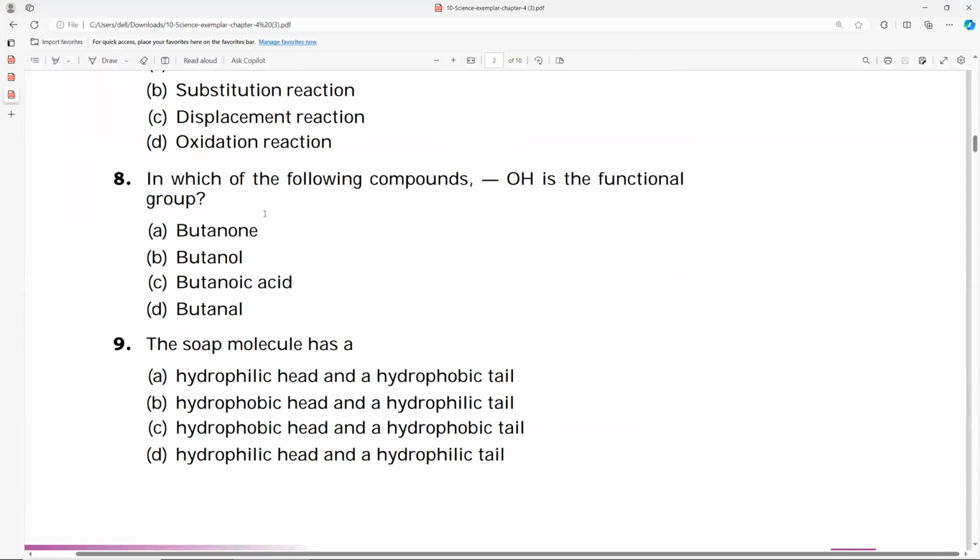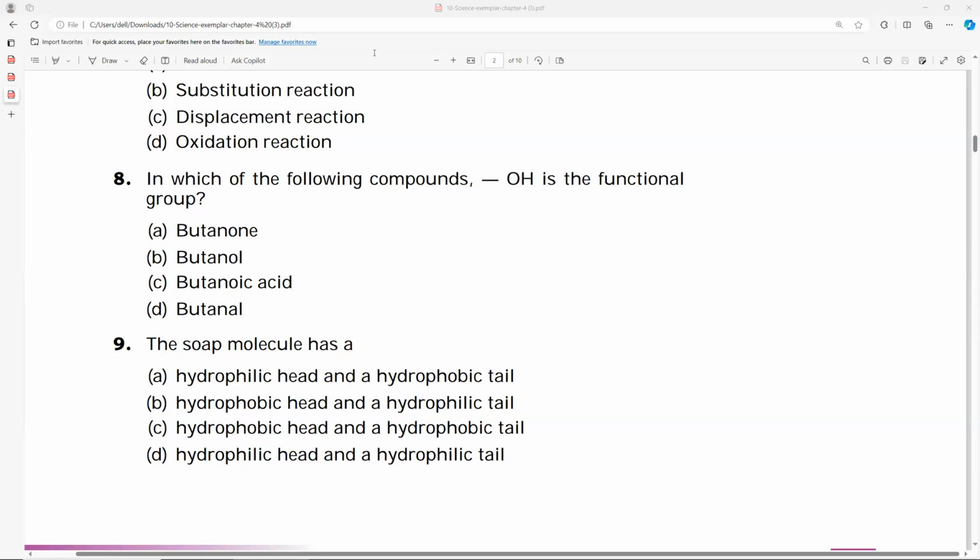Tell me, in which of the following compounds is OH a functional group? Can you tell me? B. Yes, butanol. B. Yes, tell me, Madiha.